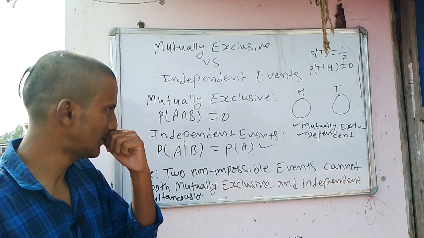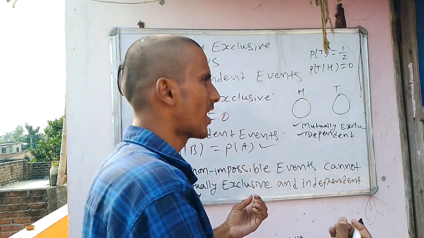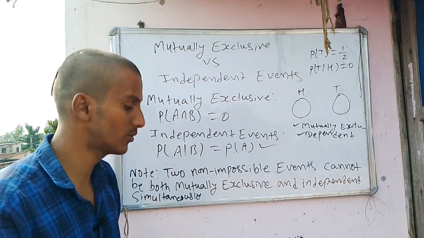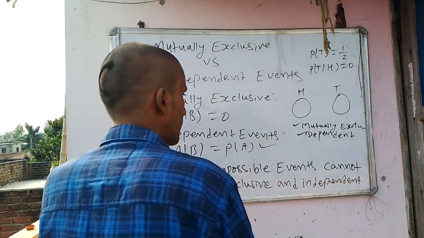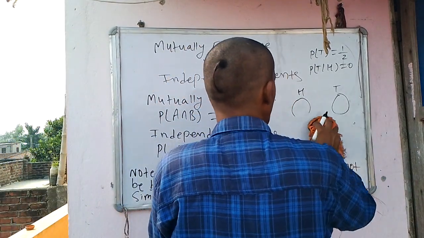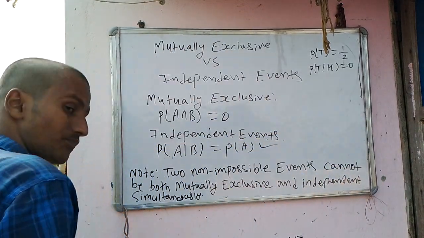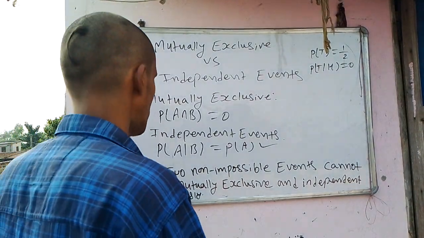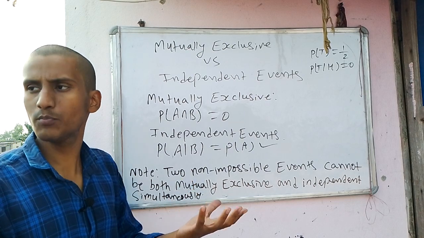How? Let's say you have two events, and one of them is impossible.